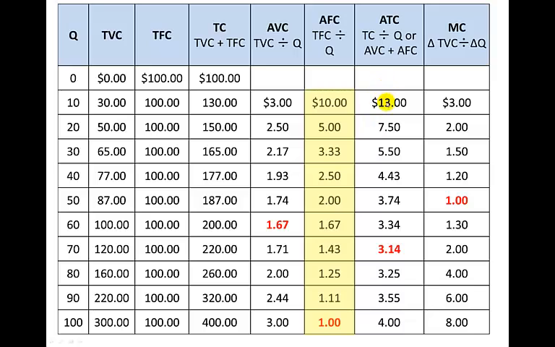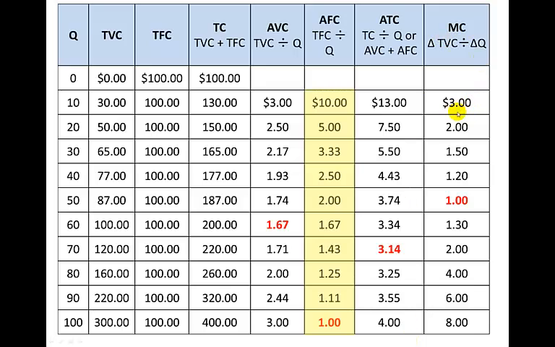The same thing happens for average total cost, but not for average fixed cost. Remember, average fixed cost will always be decreasing. Total fixed cost is the same, and I'm dividing by an increasingly large Q, so this will always be decreasing. So AVC and ATC will be U-shaped. We'll talk about that more in a little bit.